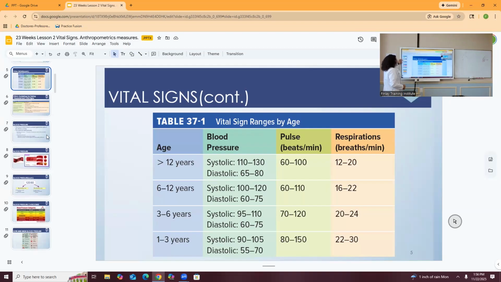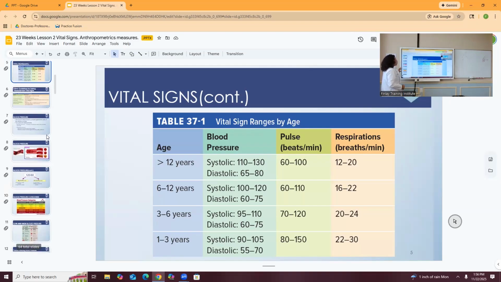With age, the vital signs might change the range. And like I say, this is a range of normalities. It doesn't have to be exactly like it is, but it's a range of normality that we will evaluate. In patients from 12 years above, adults, and probably we're going to include the elderly patients, blood pressure goes systolic from 110 to 130, over 65 to 80.